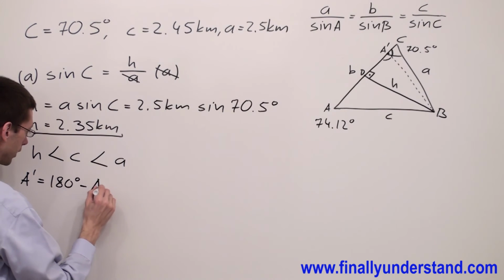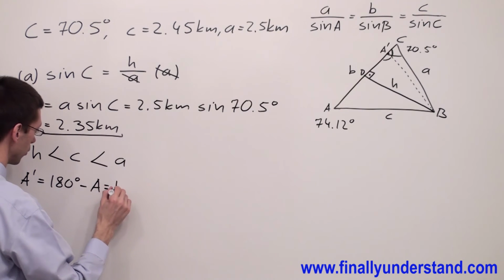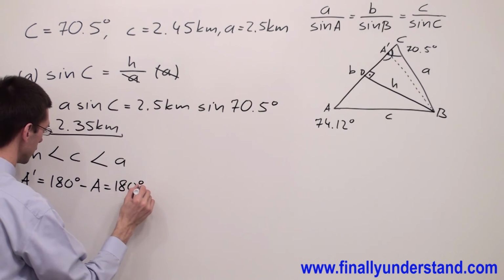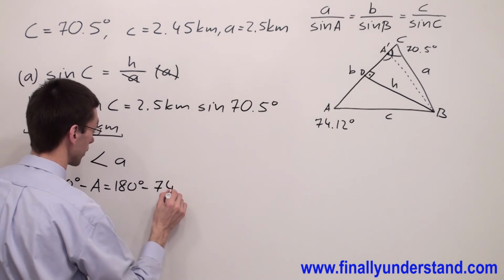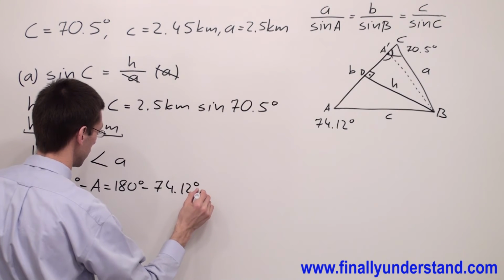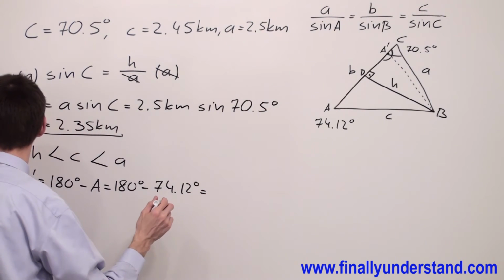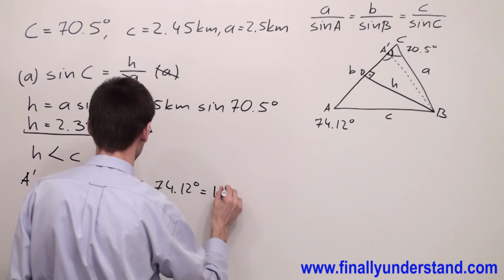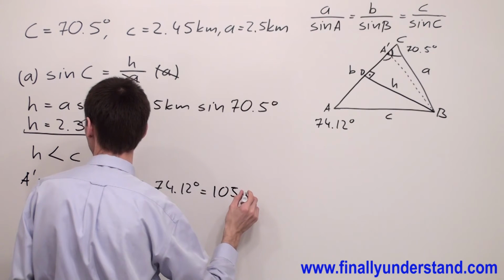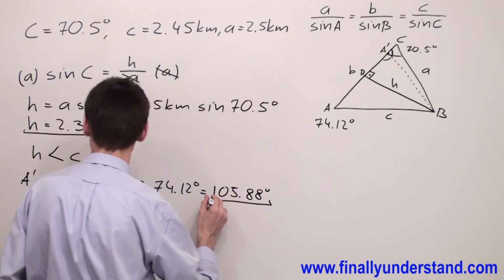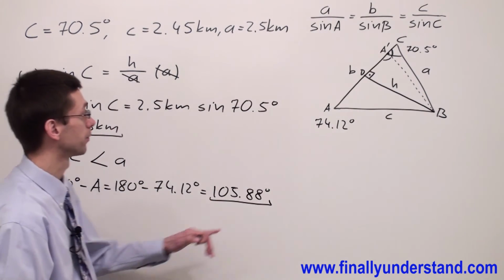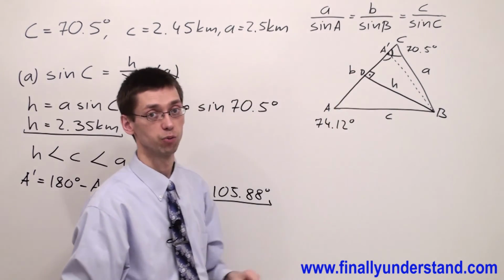We have 180 degrees minus angle A, which is equal to 105.88 degrees. And this is the angle A prime.